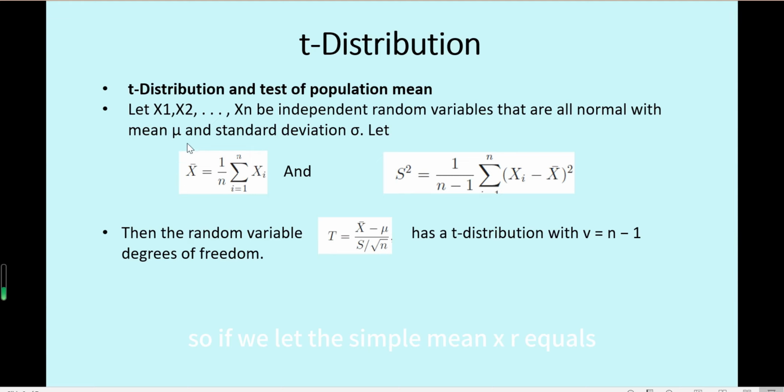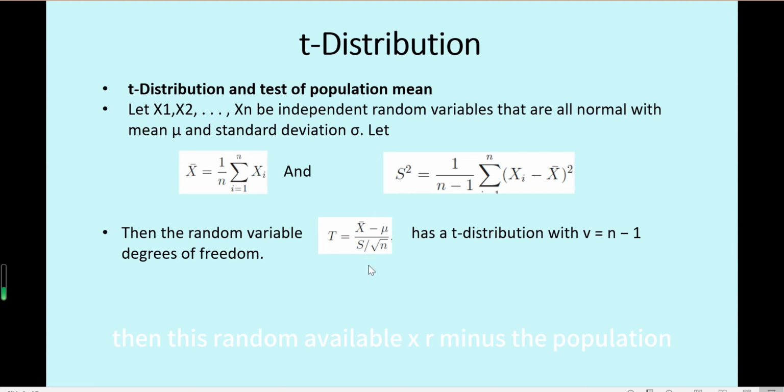Let the sample mean x bar equal 1 divided by n times the sum of xi from 1 to n, and then s is the sample standard deviation, the square root of the sum of (xi minus x bar) squared divided by n minus 1, because we lost 1 degree of freedom in calculating the sample average, so we use n minus 1 in the denominator.